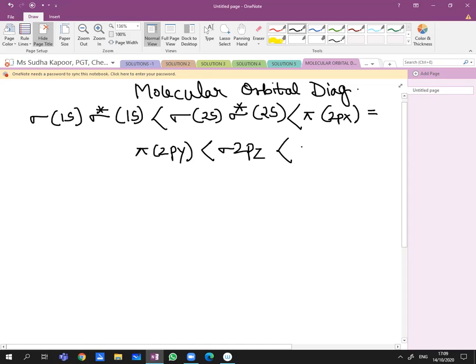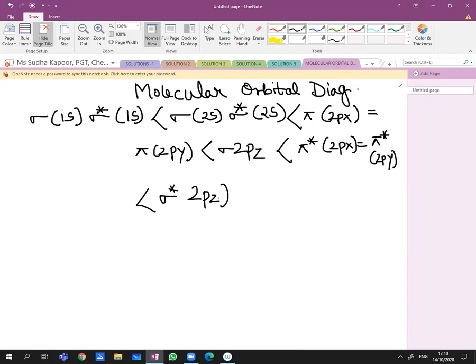Then again, pi anti-bonding 2px equal to pi anti-bonding 2py. And the last one is sigma anti-bonding 2pz. So generally we follow this molecular orbital configuration when writing the configuration.